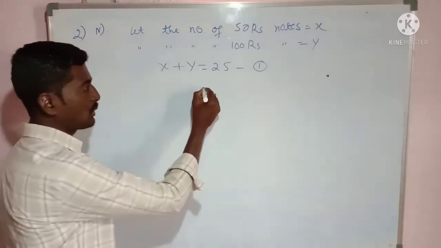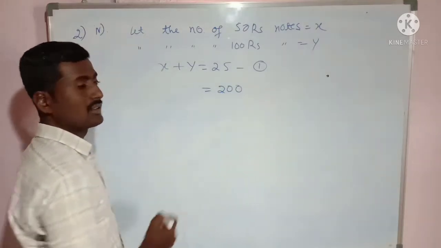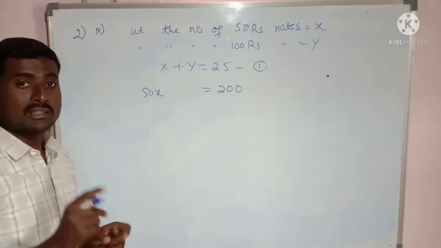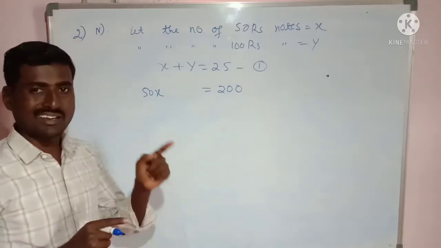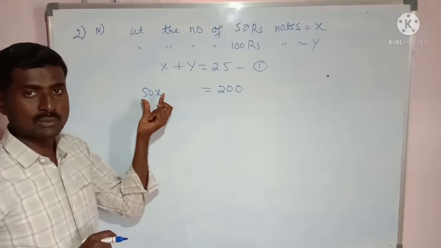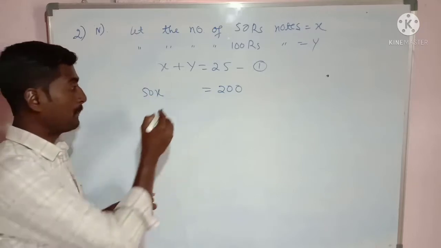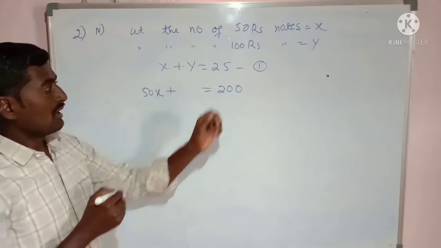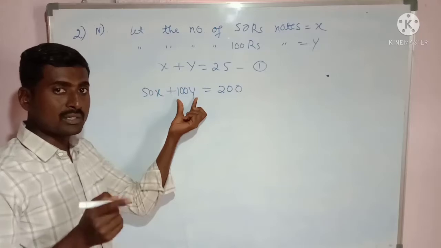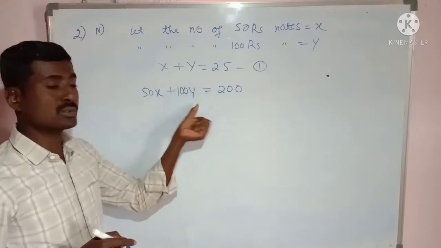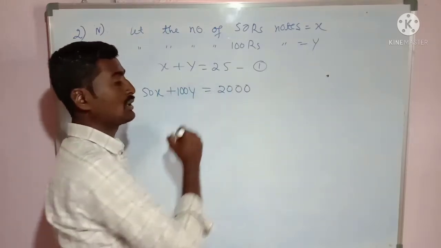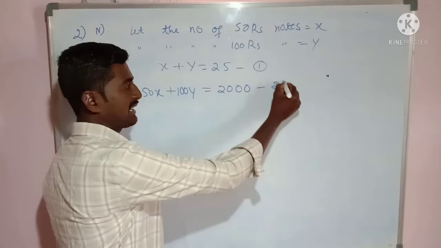So total 2000 rupees I can write like this. 50 into x is nothing but the total amount received by her of 50 rupee notes only, plus 100 into y, the total amount received by her of 100 rupee notes only. So the sum of these two is the total, 2000 rupees. So this is the second equation.